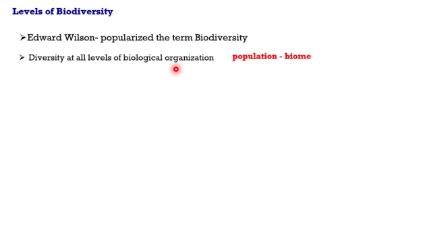And community means only the living organisms which have different populations of different species. So finally we call this a biosphere, right? You must have studied in your lower class. So during all these levels of biological organization, the diversity can be categorized into three types. Now you understood what is all levels of biological organization.